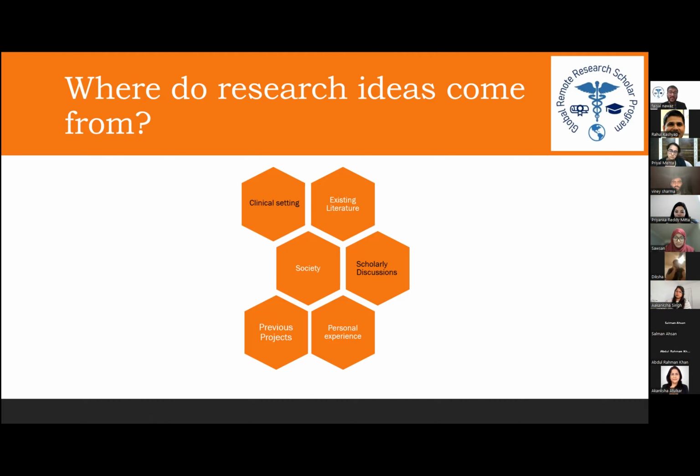The other ways in which you might get those ideas as a source would be through scholarly discussions. And that's where having such research programs and sessions or having any discussions with your faculty members or professors might be another way of getting those ideas out. You've also got personal experience, which is often forgotten, but has a very powerful presence in research.